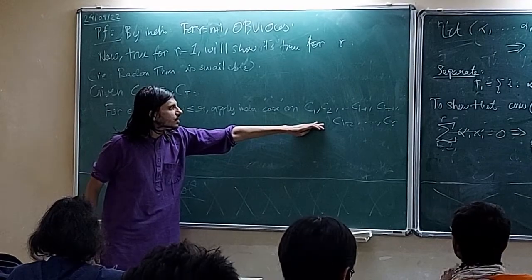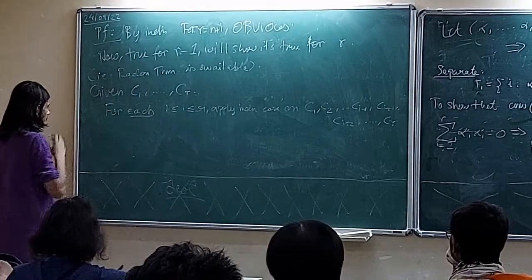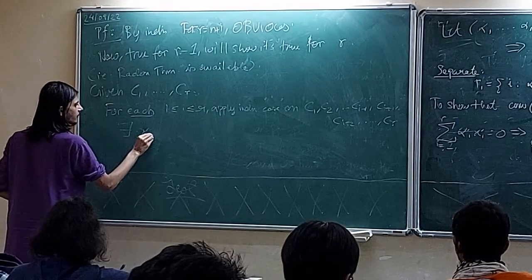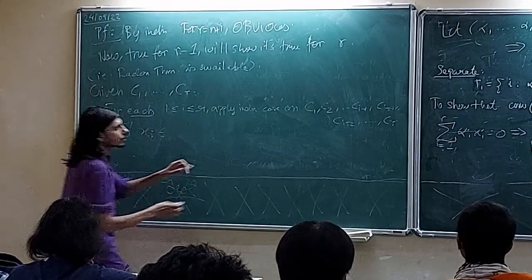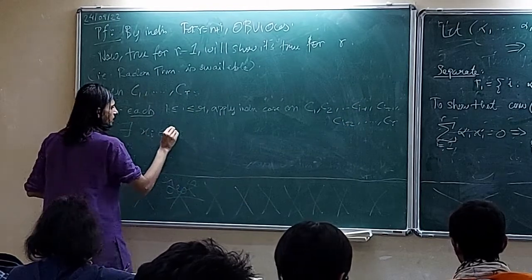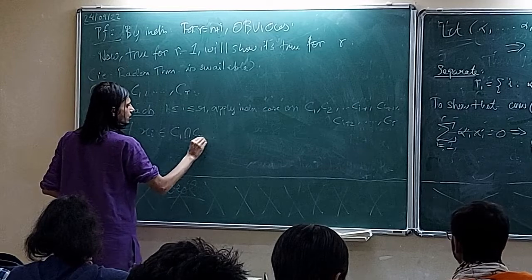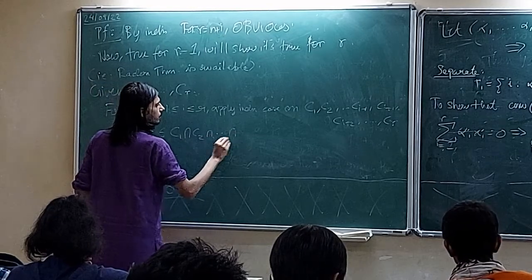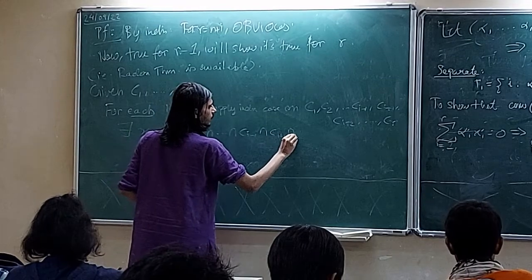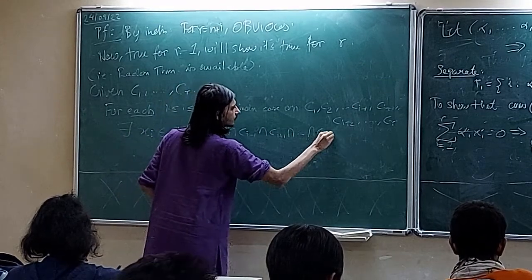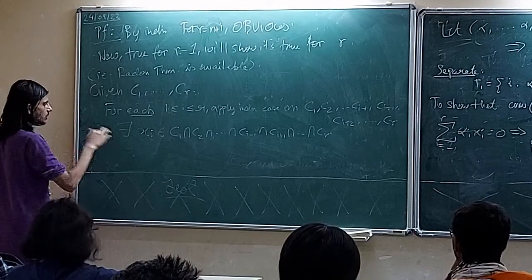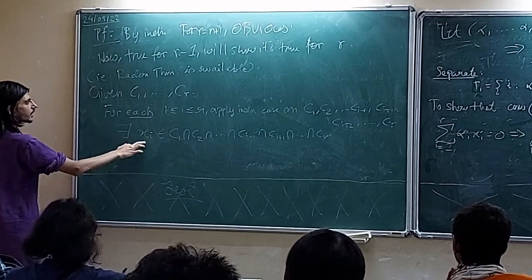What does the induction case tell you? It tells you that there is a point x_i that belongs to the intersection of all these sets except i: the intersection of C1, C2, up to C(i minus 1), C(i plus 1) because I skipped i, and so on up to CR. And how many of these points are there? R of them.